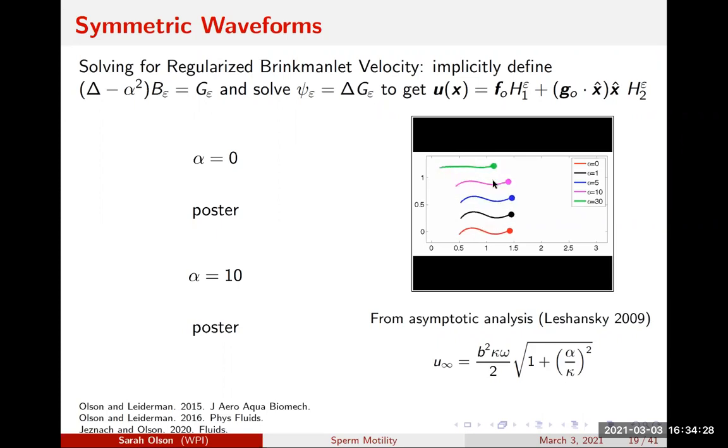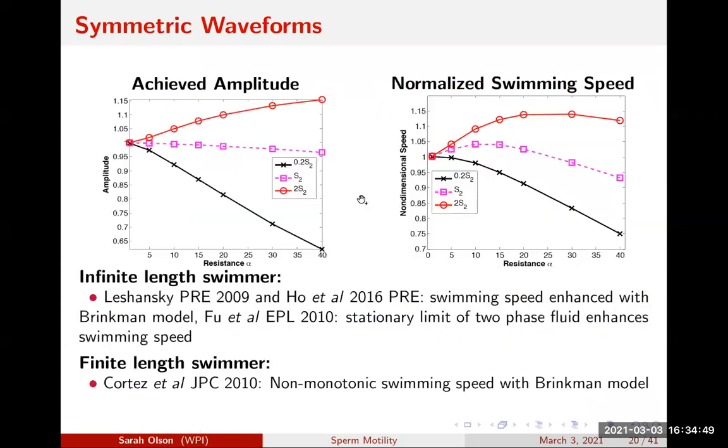So we actually see a smaller swimming speed here. And there are some caveats due to the amount of work in the system and when or how you can achieve this. But for finite length, you have a small increase in swimming speed, and then it starts decreasing again, which is sometimes a little bit counterintuitive.